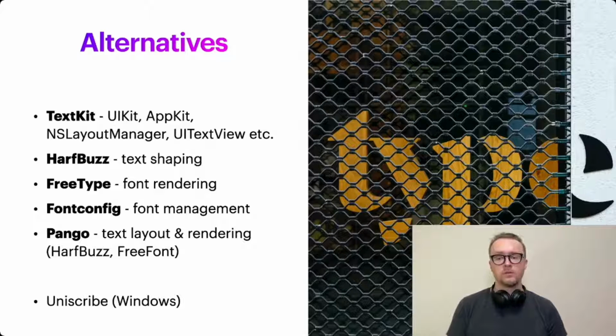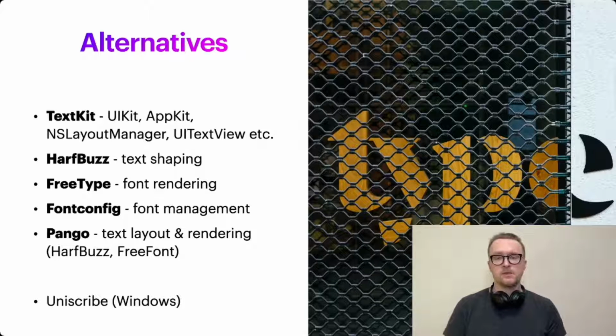You can use HarfBuzz, which is the library for text shaping. This is not an Apple library. It's open source. It's very good. You can use FreeType, which is the font rendering library. You can use Fontconfig for font management.